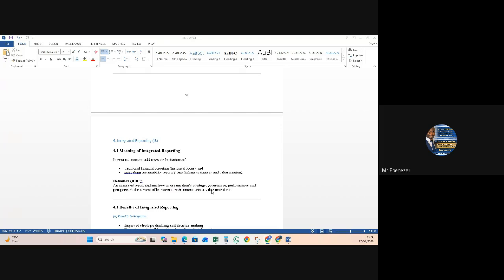Okay, so now integrated reporting, we have a definition from the IIRC. Please, I'm using so many abbreviations and acronyms here.